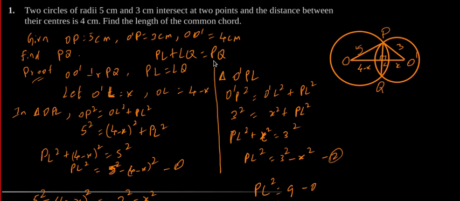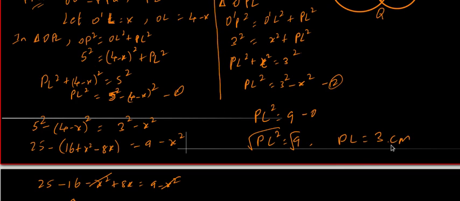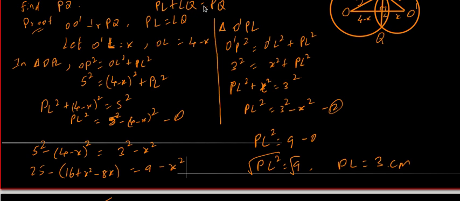This PQ only we have to find out. So we have got PL. What is the value of PL? It is 3 centimeter. We arrived now that PL equals 3 centimeter. So let me substitute in this equation for getting PQ.